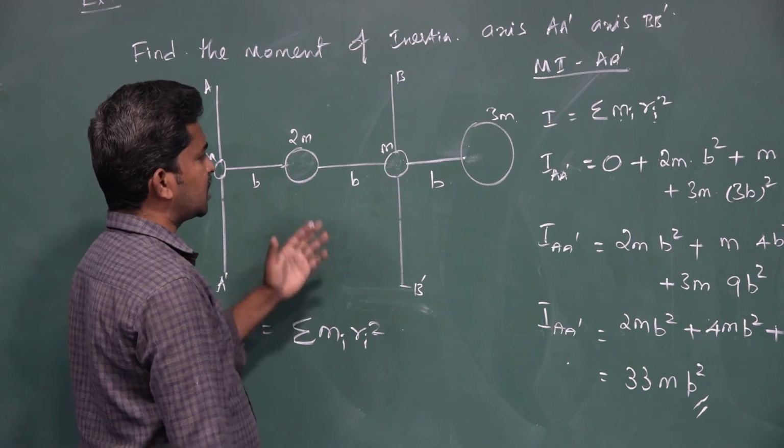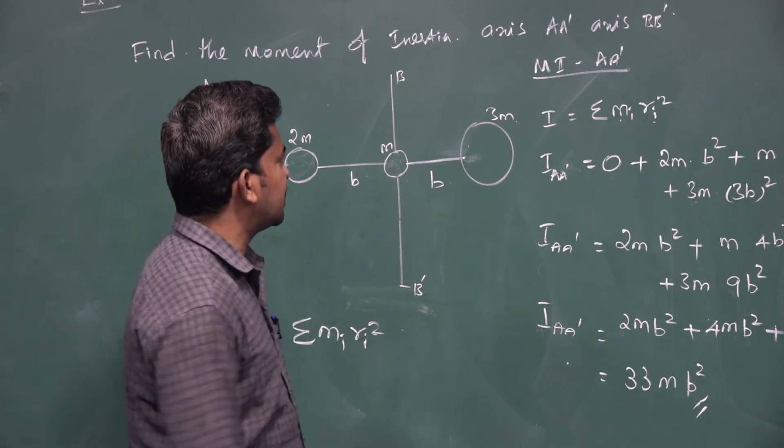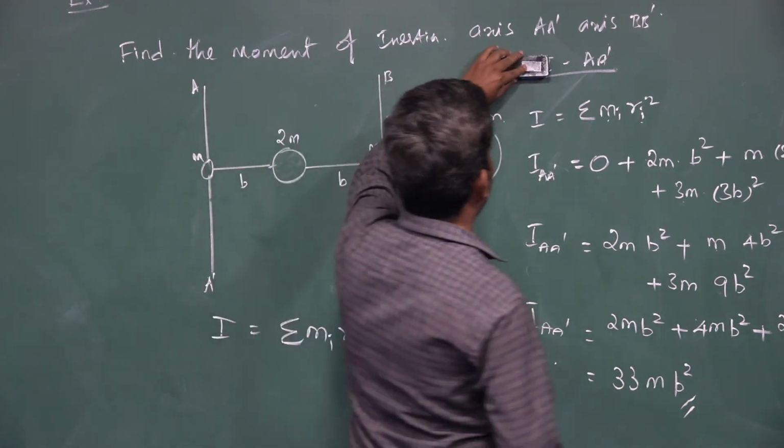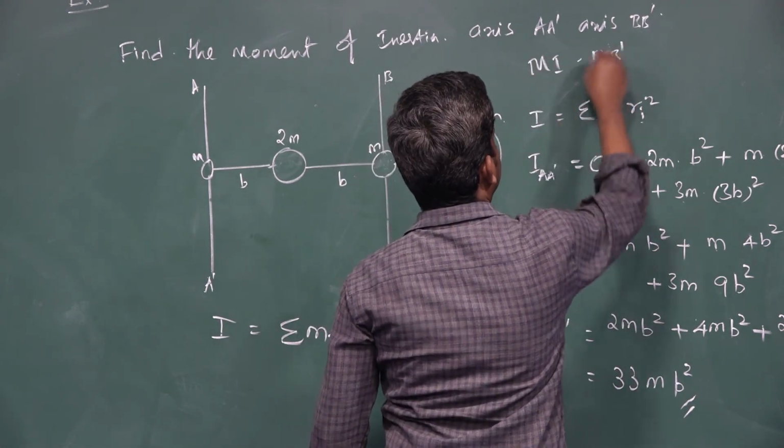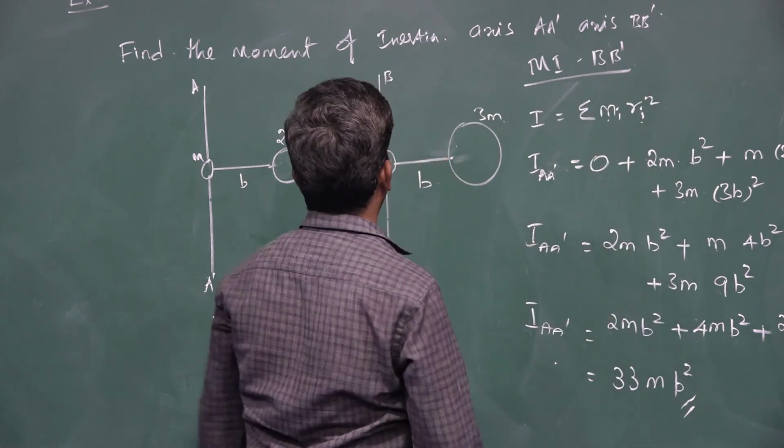And next one is the moment of inertia about axis B dash.